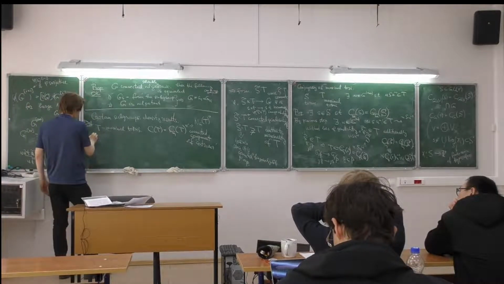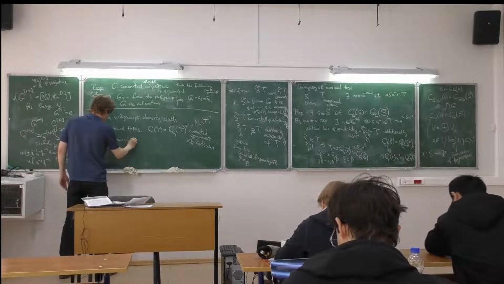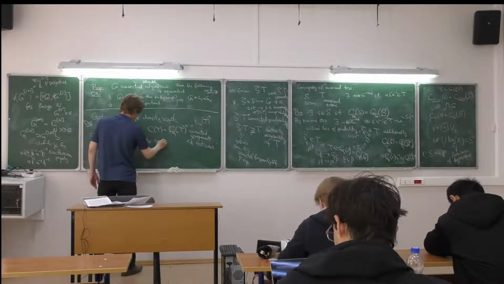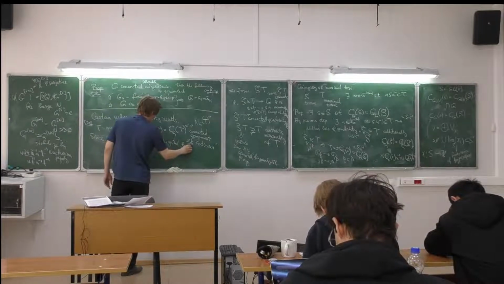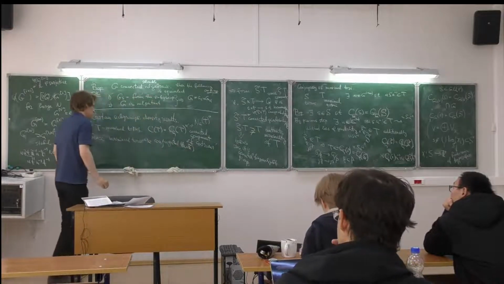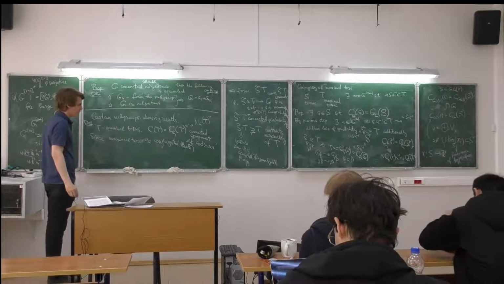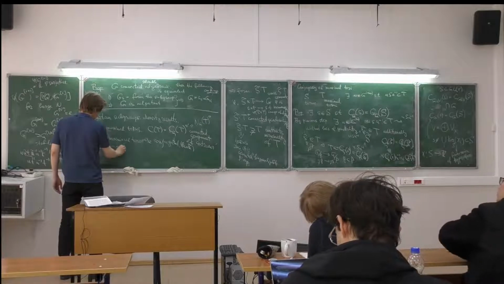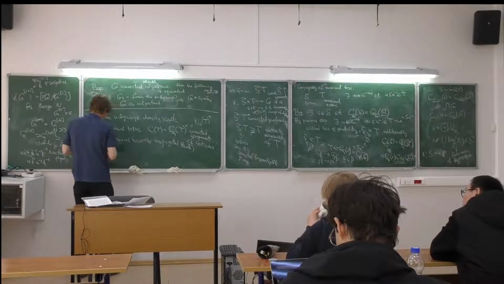In particular, since maximal tori are conjugated, and again I consider this over an algebraically closed field, the centralizers also are conjugated. So this means that Cartan subgroups are also conjugated.